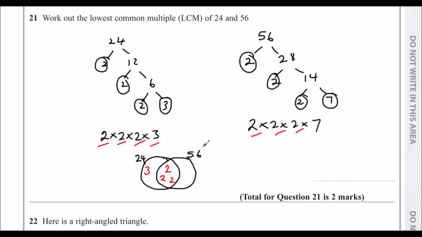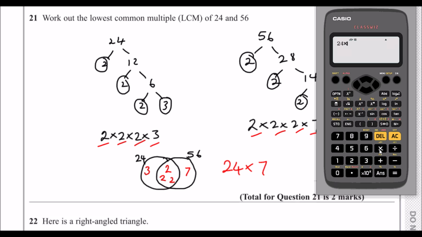And 56 has also got a 7. The lowest common multiple is all of these numbers times together. 3 times 2 times 2 times 2 times 7. Or our 24 circle, which is 3 times 2 times 2 times 2, times 7. So 24 times 7 is 168.